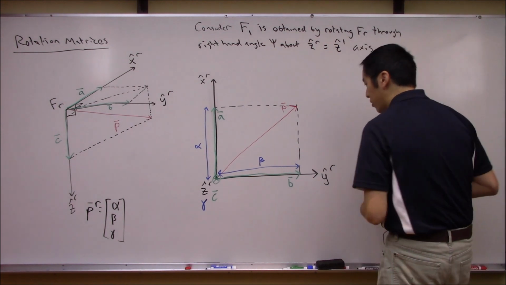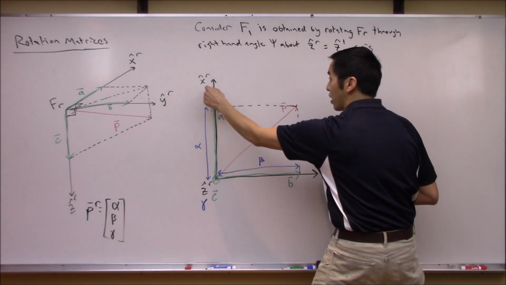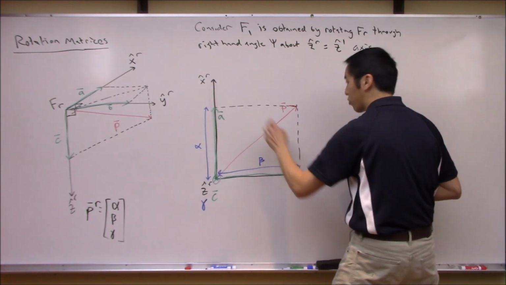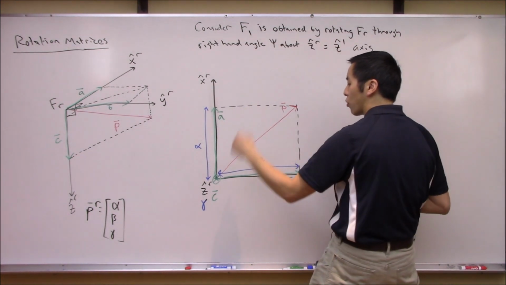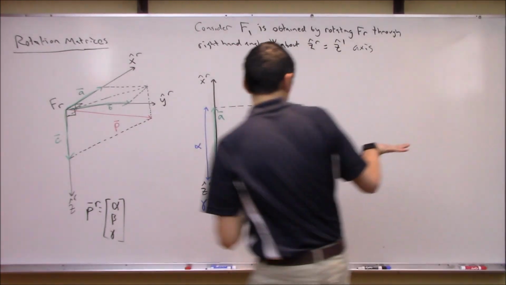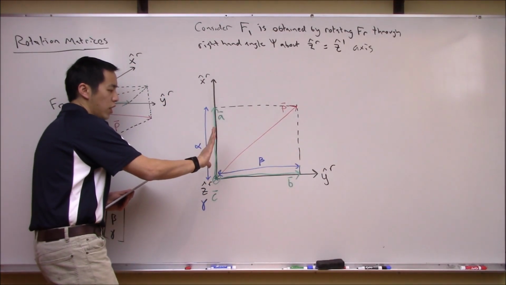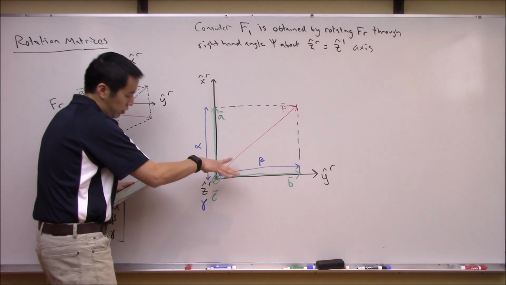So what that means is I want to take this picture, the black lines, which represent my reference frame, and rotate it about the z-axis, which, in a right-handed sense, is through the board. So this whole thing is going to tilt.